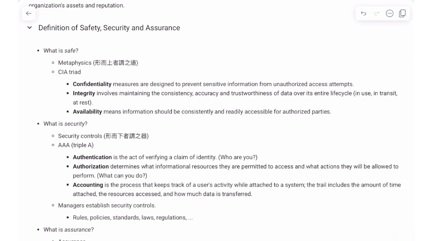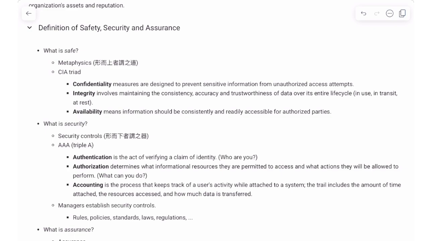So before we continue, we need to know the definitions of, for example, safe and security or secure. In Mandarin, the translation of safe and security is the same word, but it is quite different in English. When we talk about safe, that means it is some kind of feeling in your mind, right?